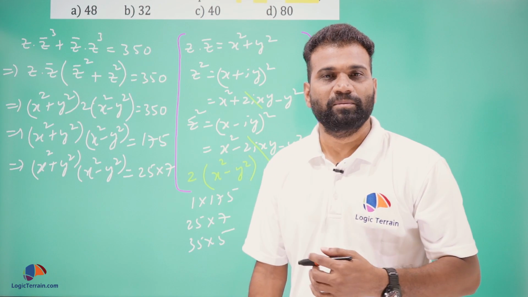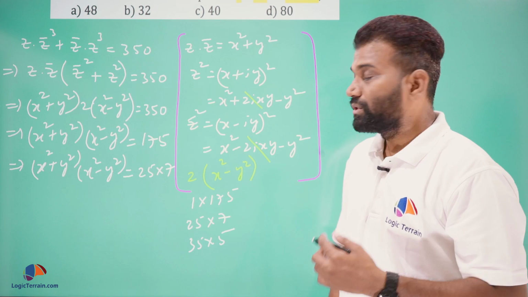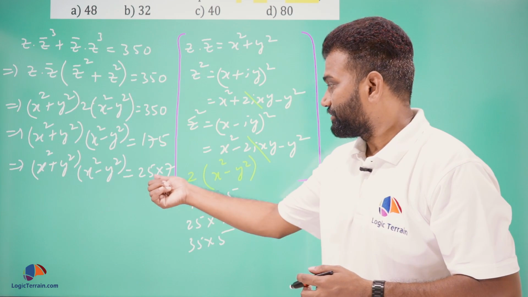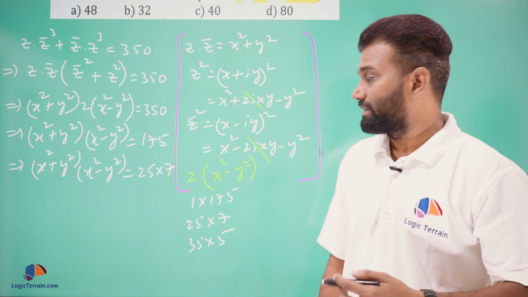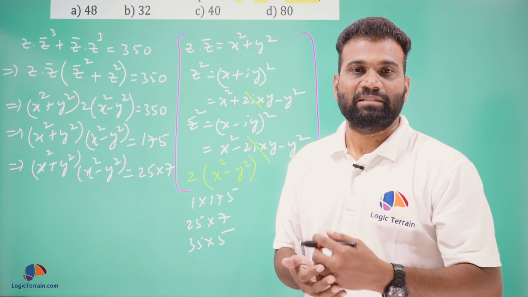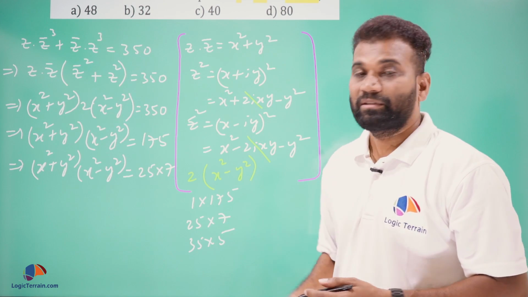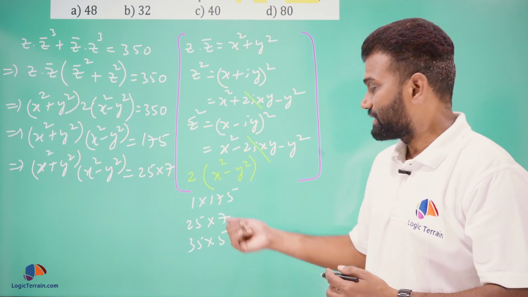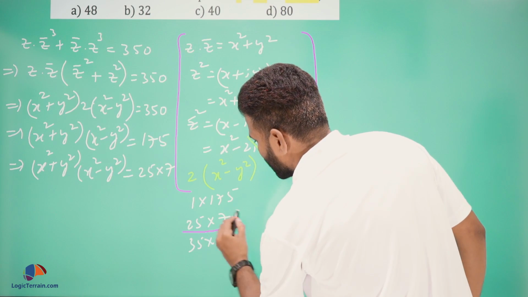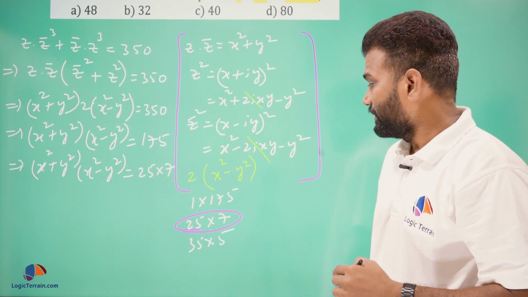Therefore, the only possible integral values of x and y are those whose sum of squares is 25 and whose difference of squares is 7. So let us take 4 and 3. 4 square plus 3 square becomes 25, and 4 square minus 3 square becomes 7. So these are our most suitable factors.